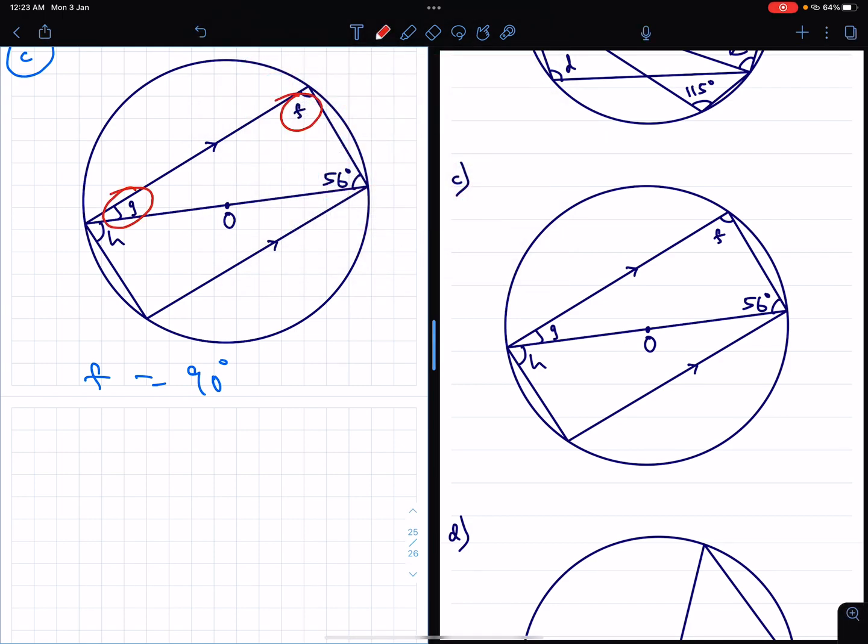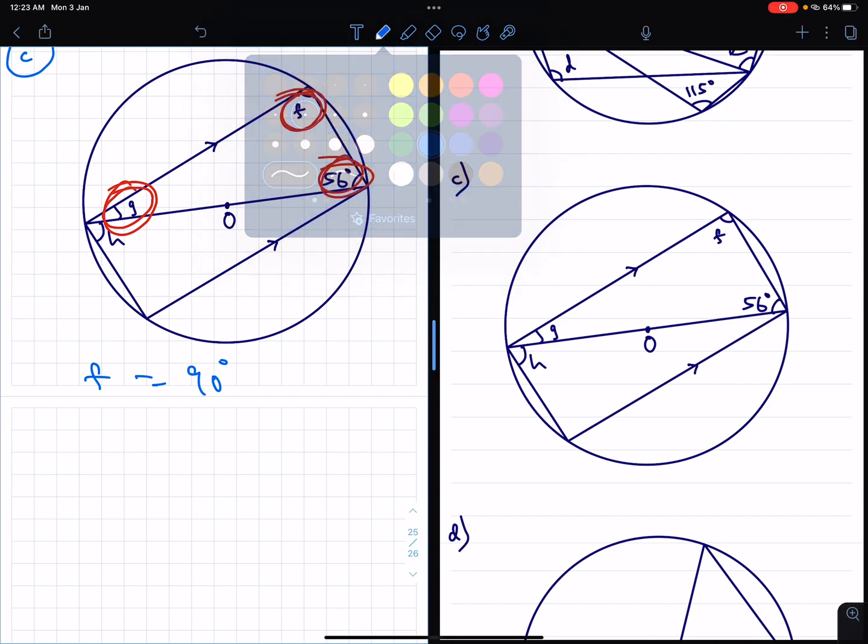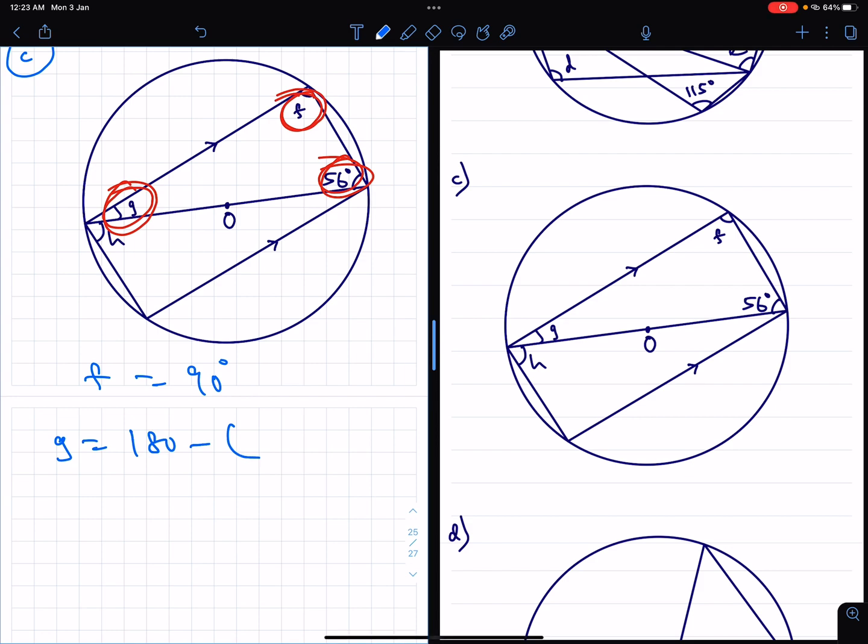G plus F plus 56, or if you like, F plus G plus 56 equals 180 degrees, sum of angles in a triangle. So that simply means angle G is 180 minus the sum of F and 56.